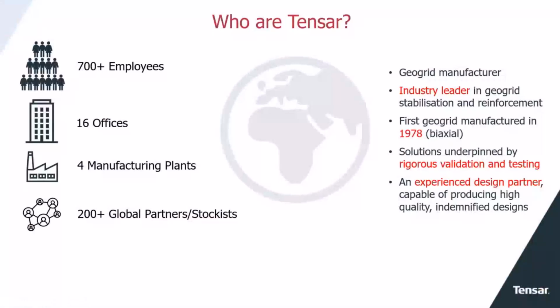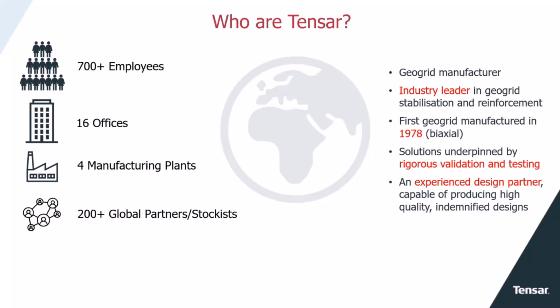If we look at Tensar, we have more than 700 employees, and although I know that some of the people from the Western Hemisphere, what we call the Americas, will probably also attend, my presentation is only for the Eastern Hemisphere. In that case, we have a lot of offices. We produce all over the world, and we started producing already in 1978.